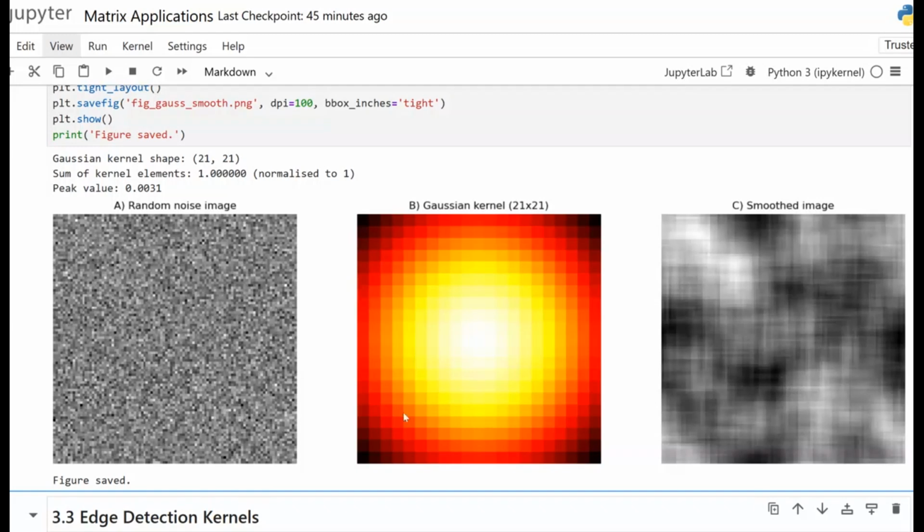The kernel is normalized, that is, it sums to 1. So the convolution computes a weighted average rather than a weighted sum, and this preserves the original intensity scale.